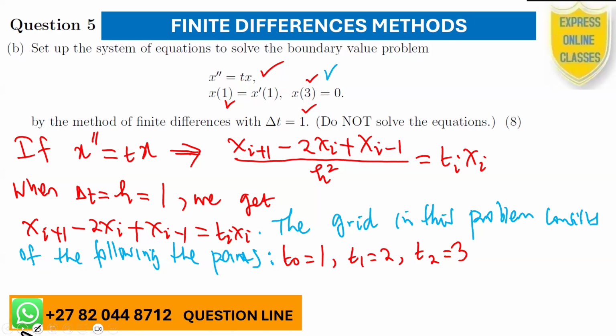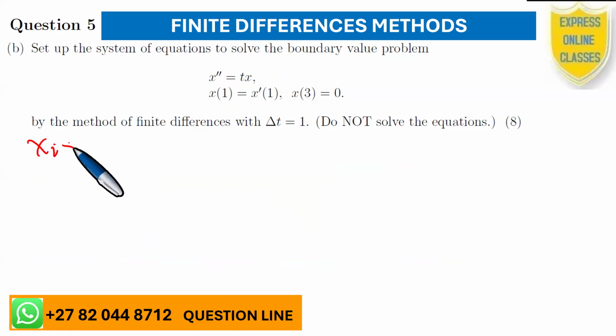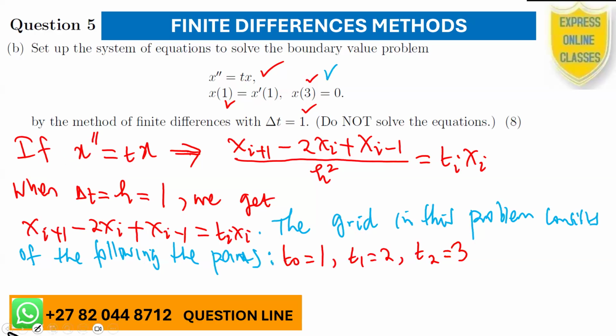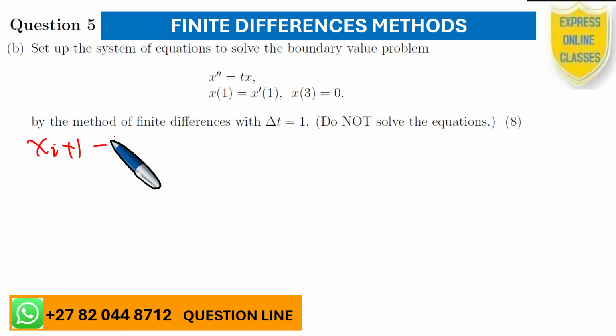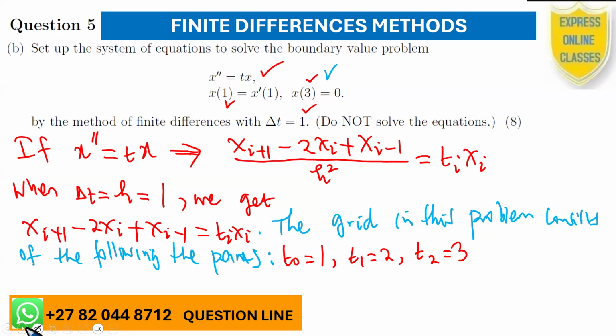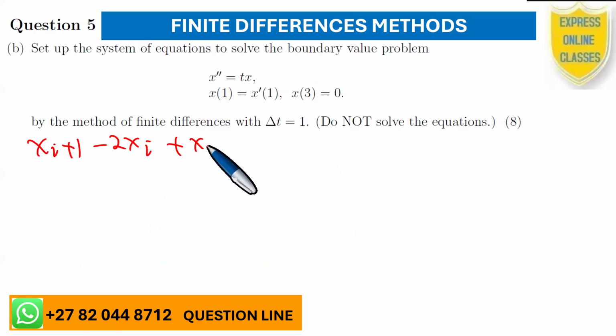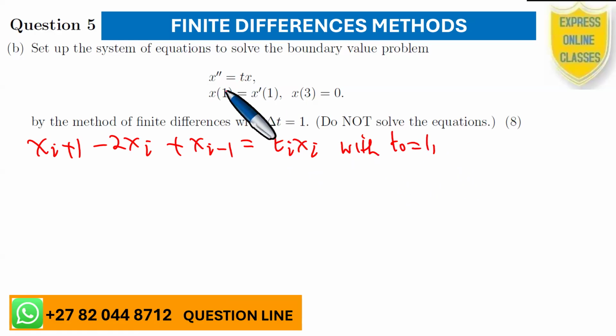So now x sub i plus 1 minus 2x sub i plus x sub i minus 1 is equal to t sub i x sub i, with t0 is 1, t1 is 2, and t2 is 3.